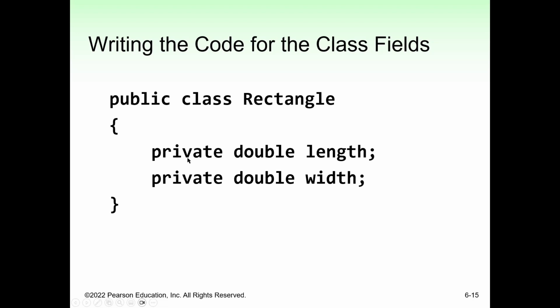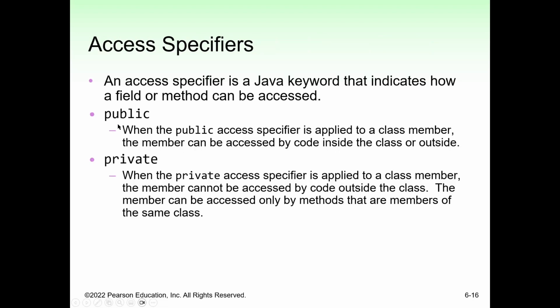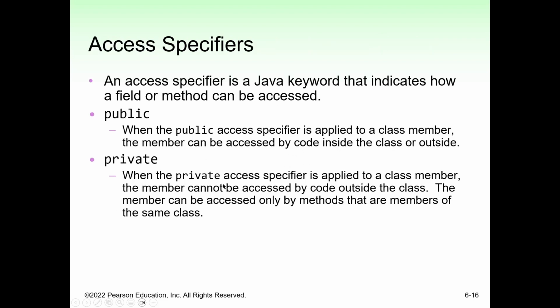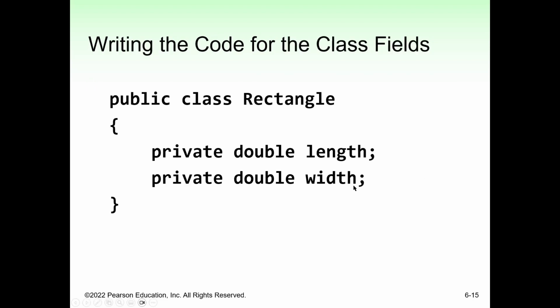And you might be wondering why they should be private, because we have two different access specifiers, right? We have public or private, but we want our variables to be private because we don't want anything else to easily access those variables and change them, because these are very important.